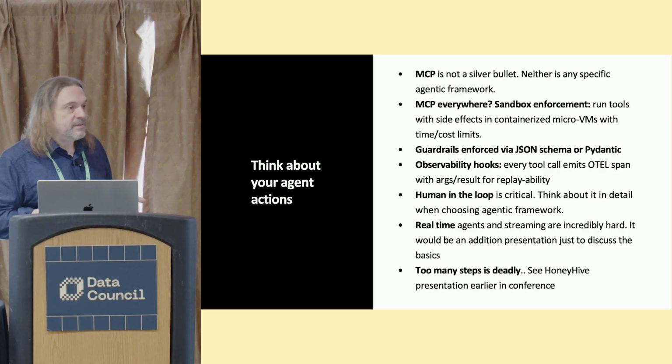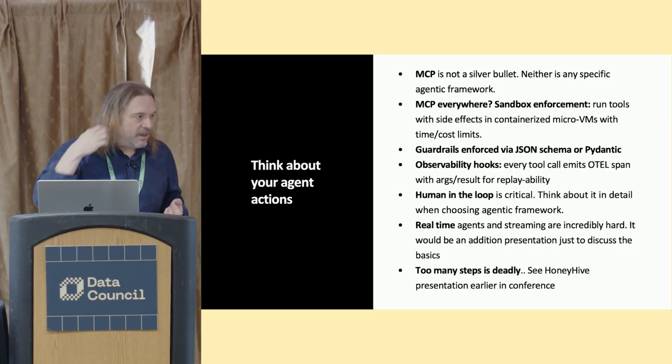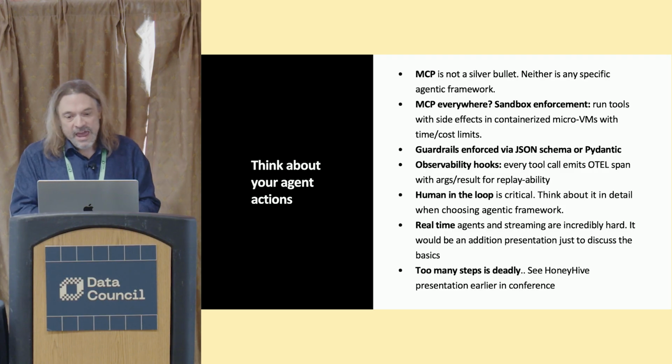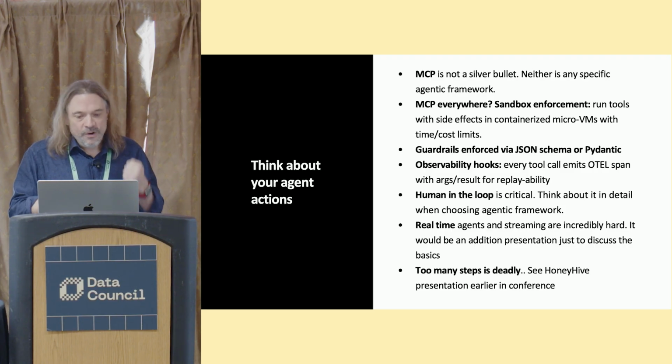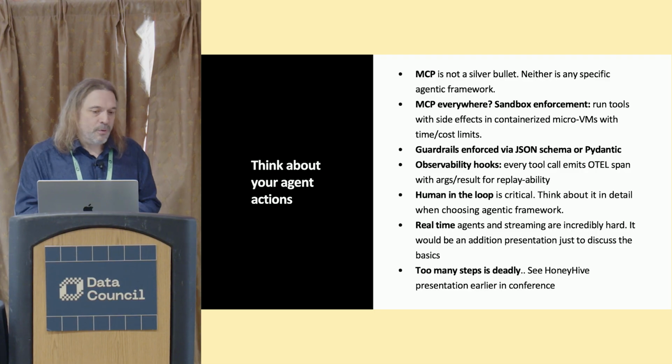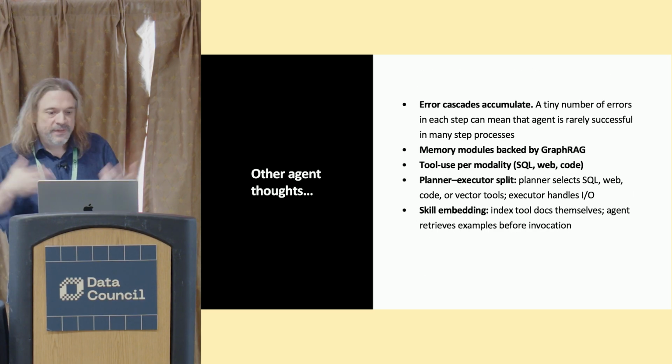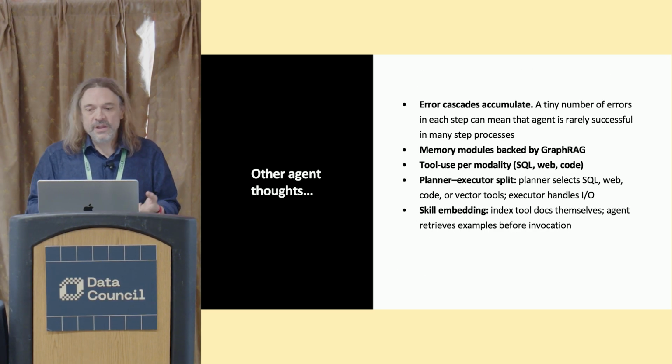Too many steps is deadly. There was a Honeyhive presentation earlier in the session, and they drove home the point that if you have 5 steps or more, you're going to start accumulating failures really quickly with your agents. And those errors cascade and accumulate.